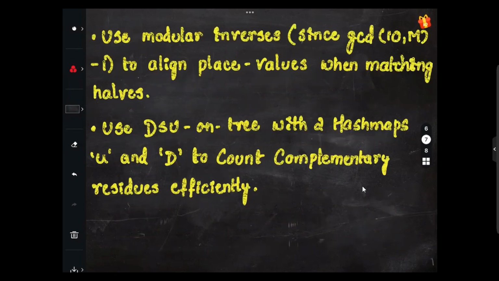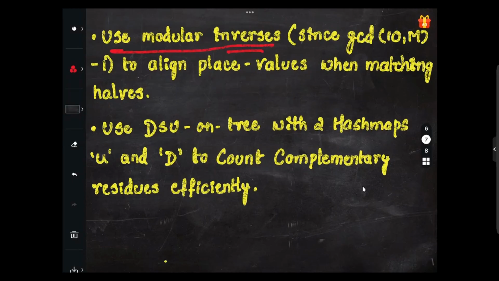So we will be going with modular arithmetic here, right? Also we'll be going with modular inverses. Maybe we'll be going with Fermat's little theorem, or we'll just be making use of the modular inverse. That we'll be seeing within the code itself when we write the code. And also we'll be calculating the GCD, right?